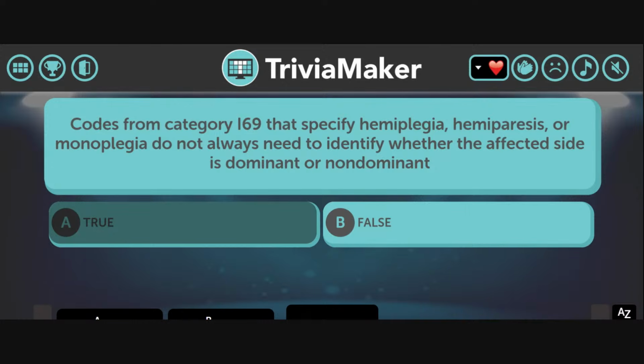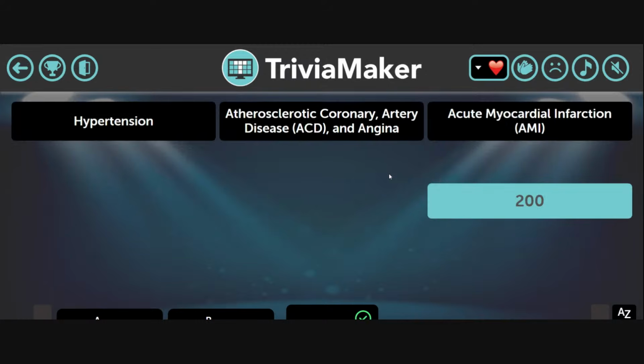And then there also is a list, if you go on the guidelines, that will tell you if they don't state whether it's dominant or non-dominant, if the right side is affected or the left side is affected, all that jazz. But you definitely need to identify whether the side affected is dominant or non-dominant. And that's what would make this false. So great job, everyone.